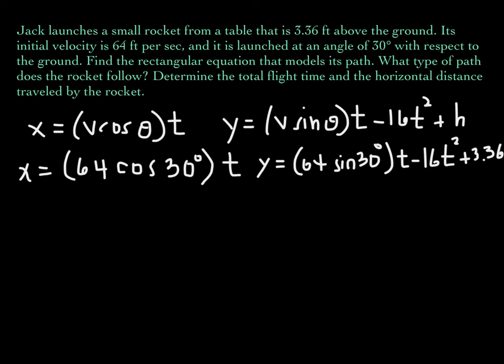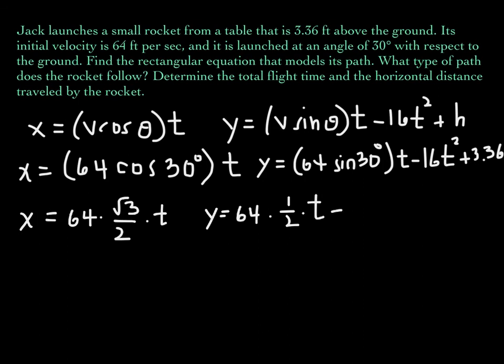What we're going to do now is simplify for x. So we have 64 times root 3 over 2, that's cosine of 30 degrees, times t. And over here, we have y is equal to 64 times 1/2, that's sine of 30 degrees, times t, minus 16t squared plus 3.36.